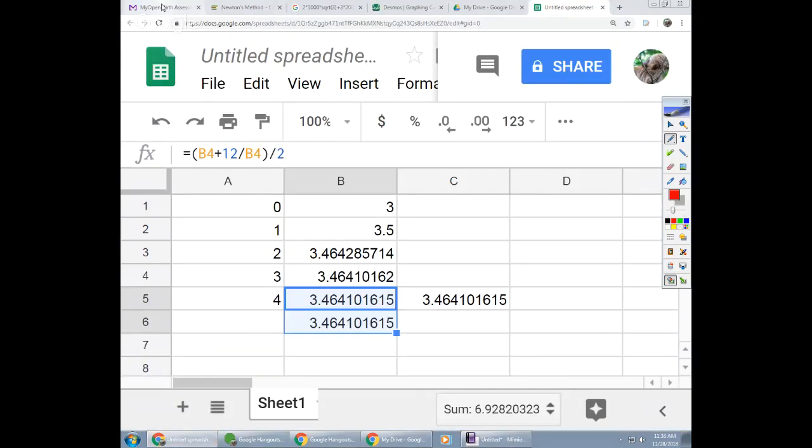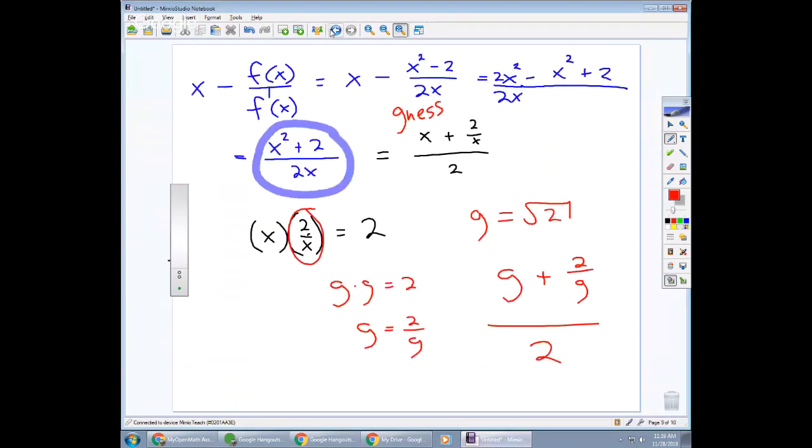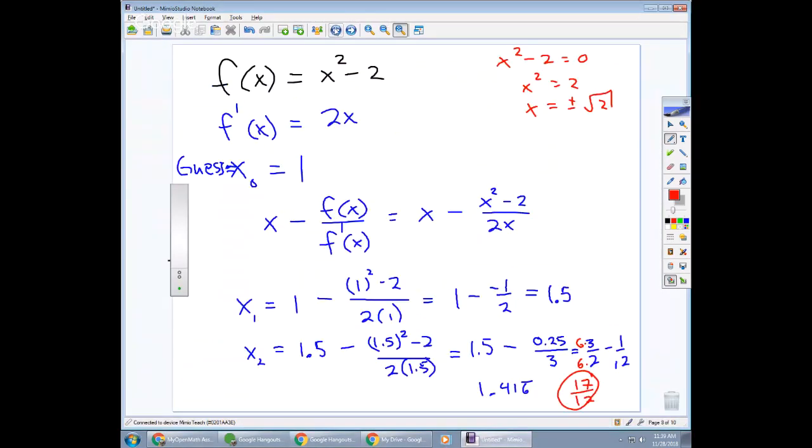To check it, you just take that number and plug it back into the original equation, see if it works. So for us, we were trying to solve the equation x squared minus 2. The last version for square root of 2 we got was 17/12, which is not too bad. And if I plug it in here, what happens?